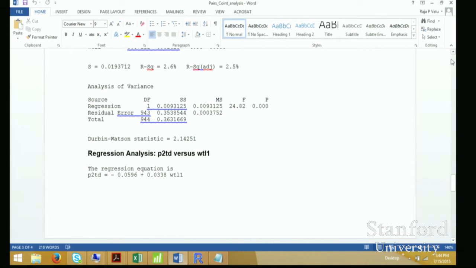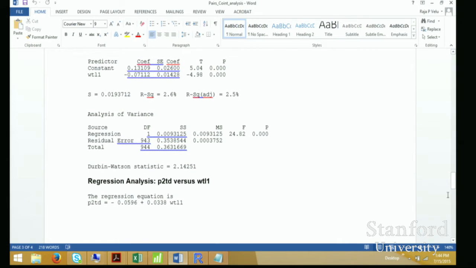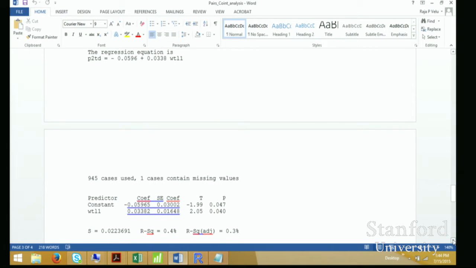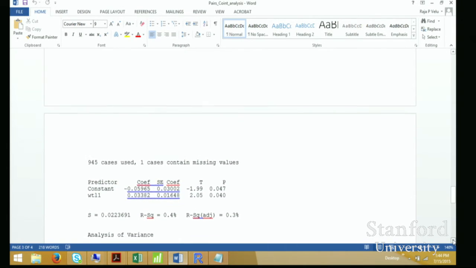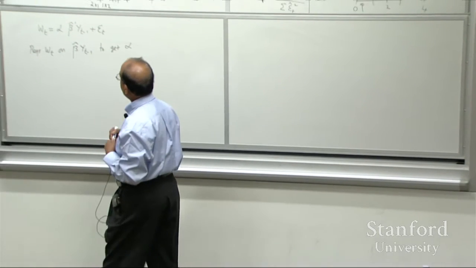From the p-values, you can see the constant term here is significant, and it is also significant here. Those are the information that I would use. Essentially the model that I am fitting here is this model.